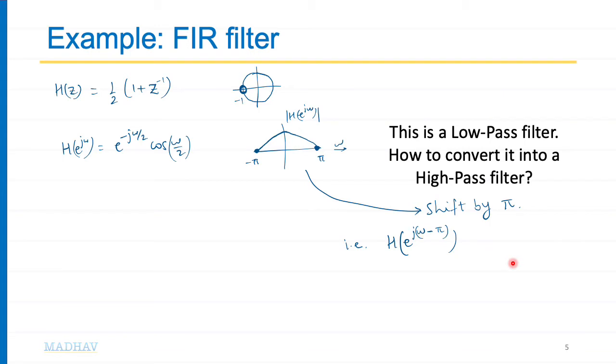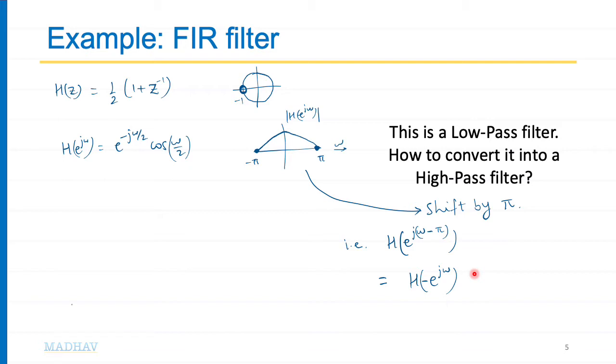That is what shifting in the frequency domain means. Now e^{−jπ} is simply minus 1, so we get one minus e^{jω}. So my new H will be this.